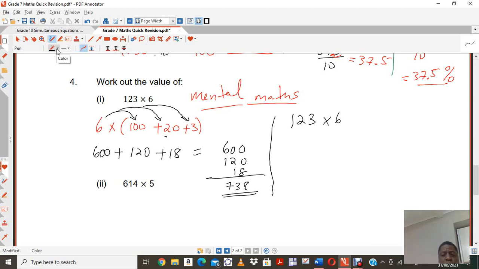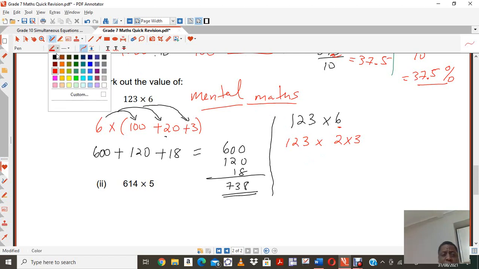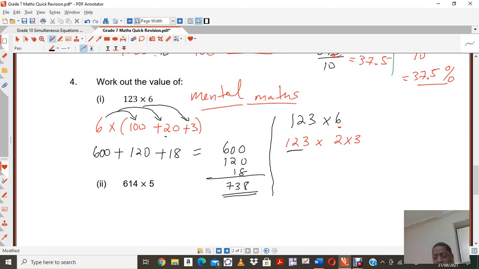So you can also say, wait a minute, let this number 6 become 2 times 3, because that is what it is actually equal to. Then you can double this answer. So 123 times 2 is easy for you to calculate. Or you can multiply 123 times 3.